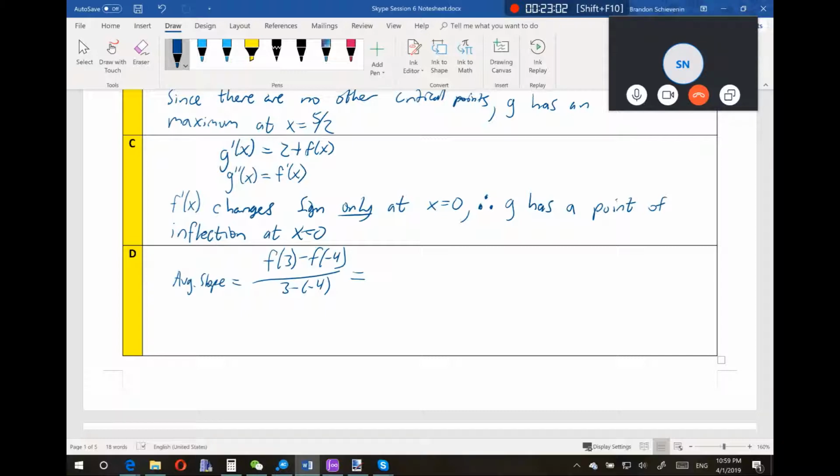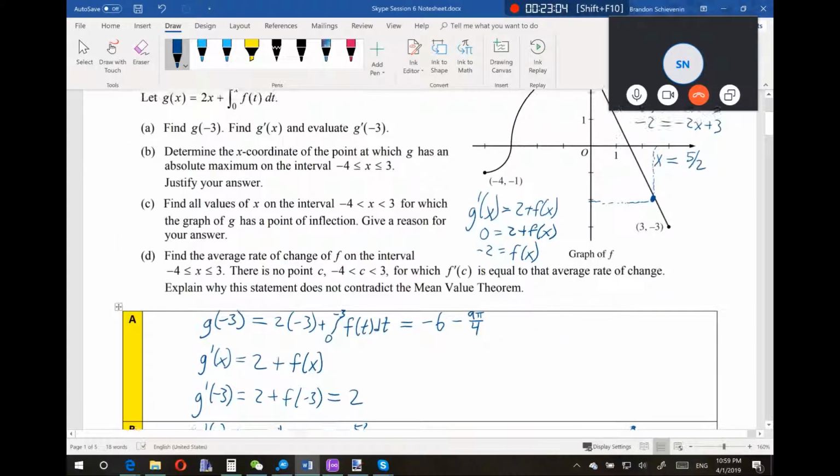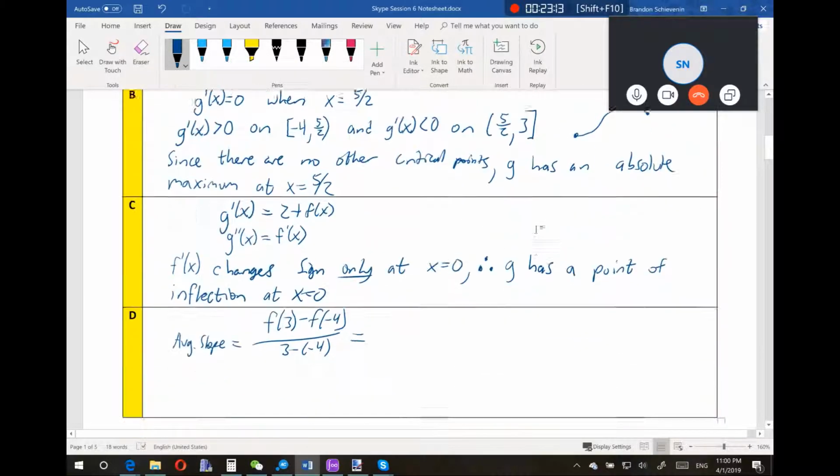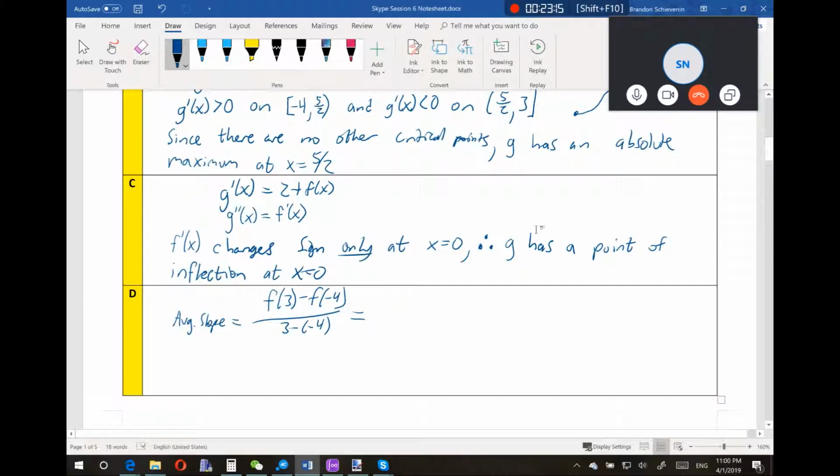Okay, I'm gonna have to go back up here. Okay, so we were given those points. So f at 3 is -3, and f at -4 is -1. So what will this give me? One.